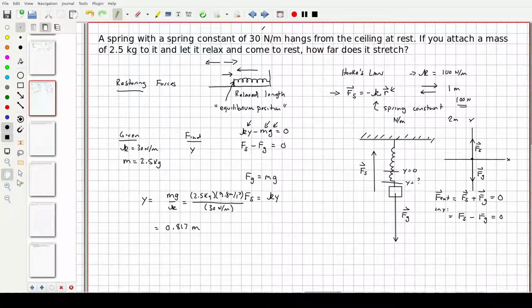Now, I see one sig fig here, I see two sig figs here, which means that this is going to round out to 0.8 meters. This is how far the spring is going to stretch. So, how far does it stretch? 0.8 meters. There's your answer.